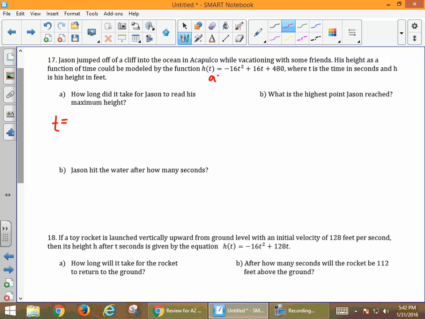A is negative 16, b is 16, and c is 480. So the opposite of b is negative 16 over 2 times a, which is negative 32. So the time for the vertex is 1/2 of a second.